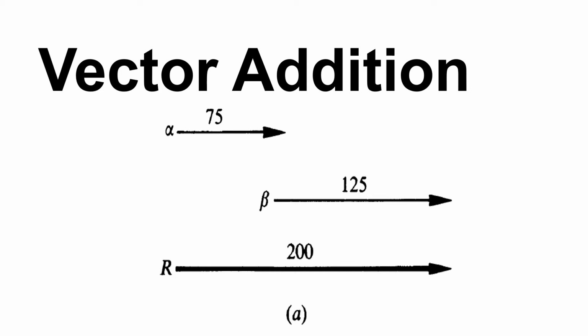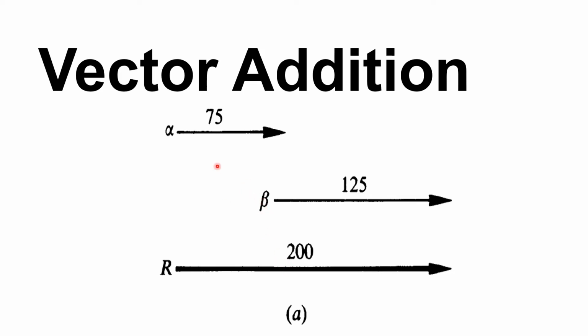If two vectors A and B have the same direction, their resultant is vector R, whose magnitude is equal to the sum of the magnitudes of the two vectors and whose direction is that of the two vectors.